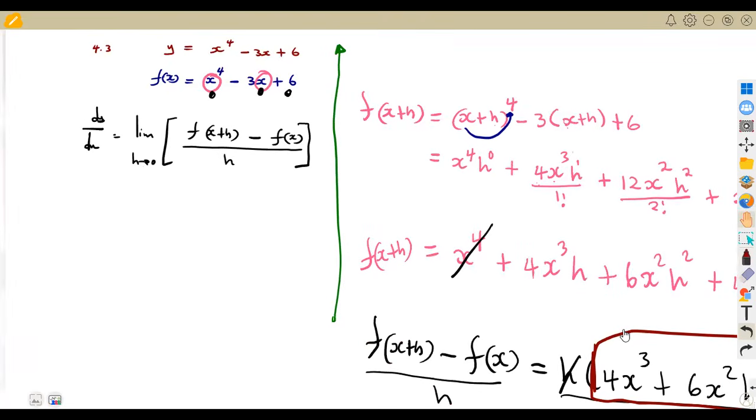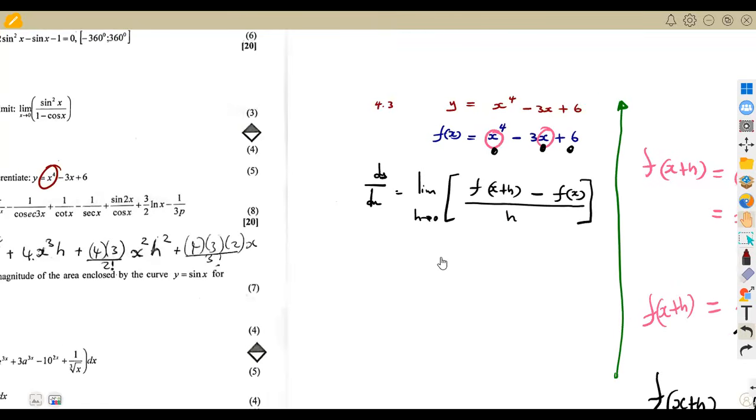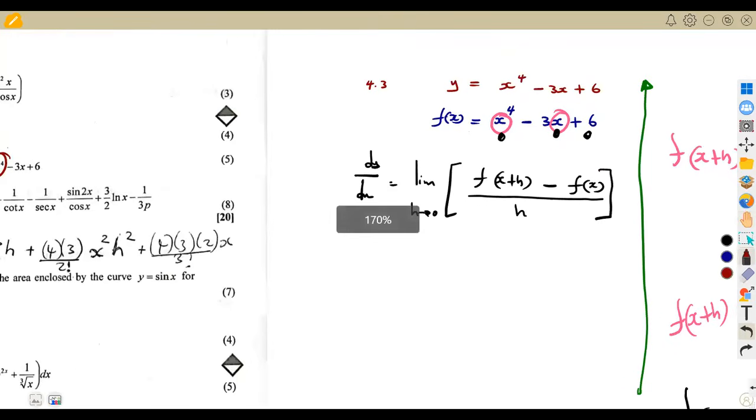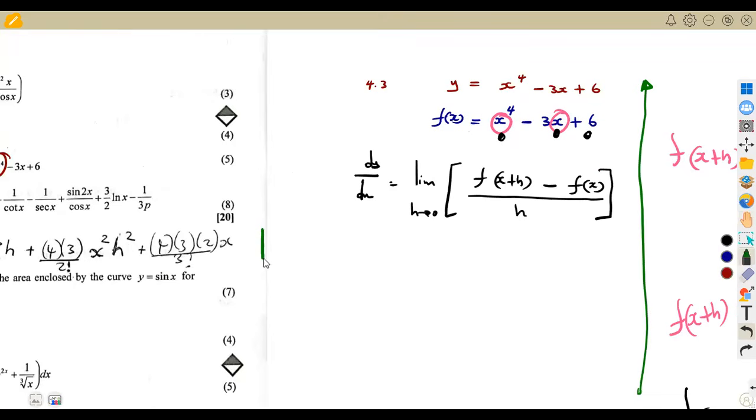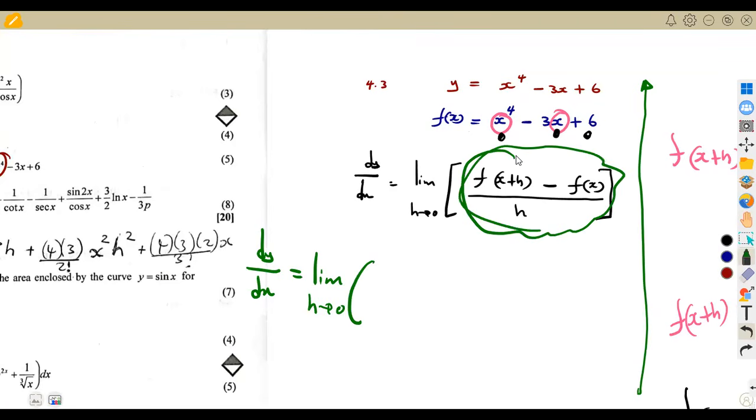So it means we are going to have our derivative here. We're going to have the derivative of y with respect to x is equal to the limit as h is approaching 0 of this whole part. We simplified everything. We now have this whole thing here. This is the one that we simplified.